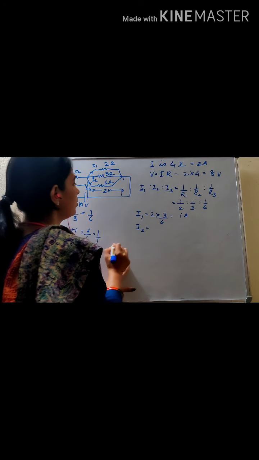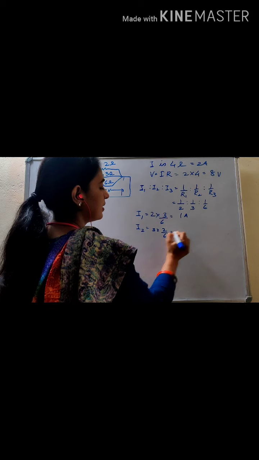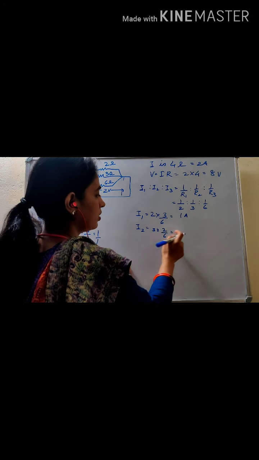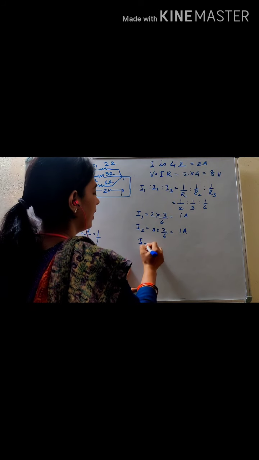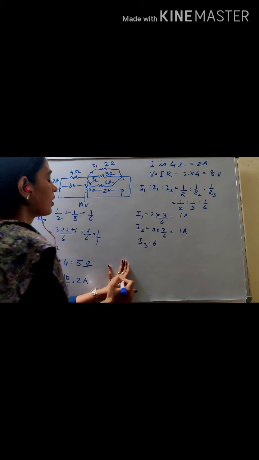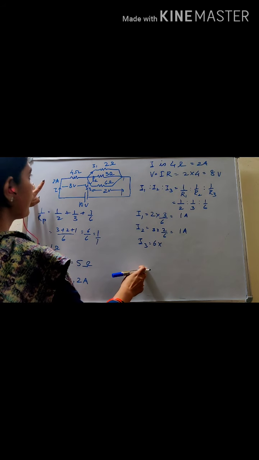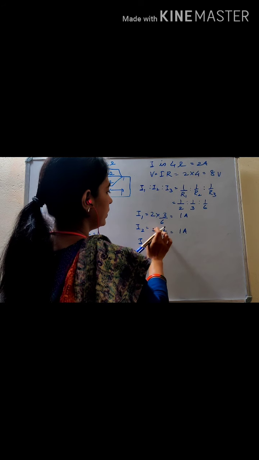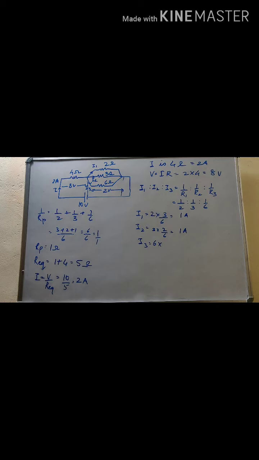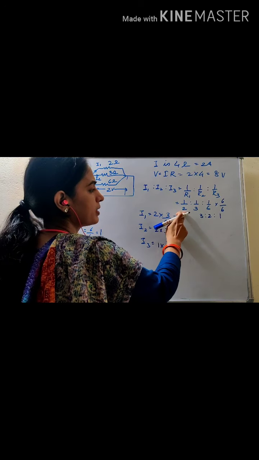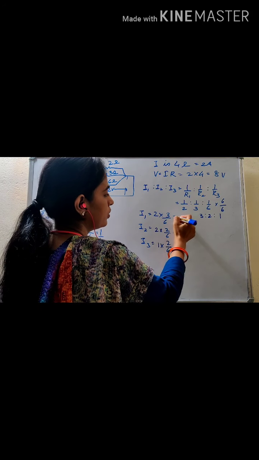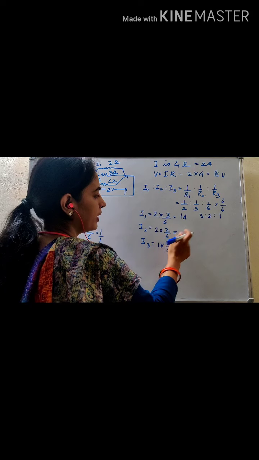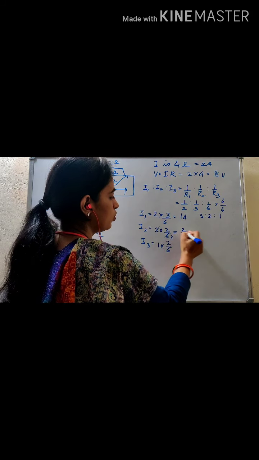Similarly, you can find I2 is equal to 2 into 2 by 6, that will be equal to 2 by 3 ampere.